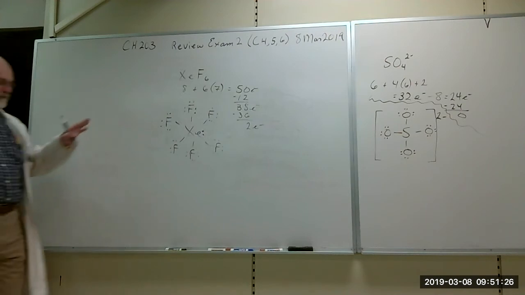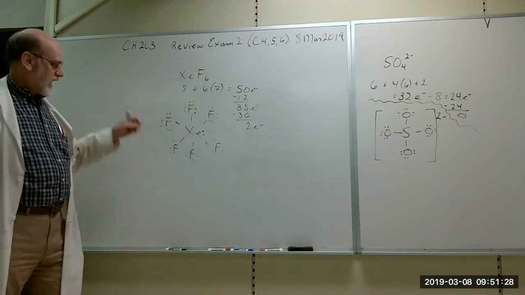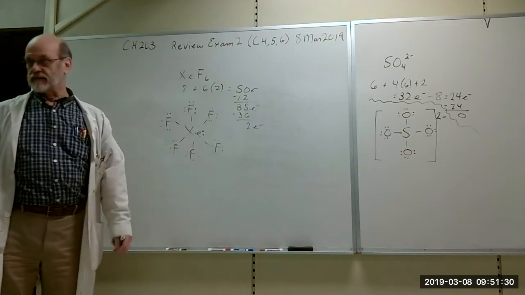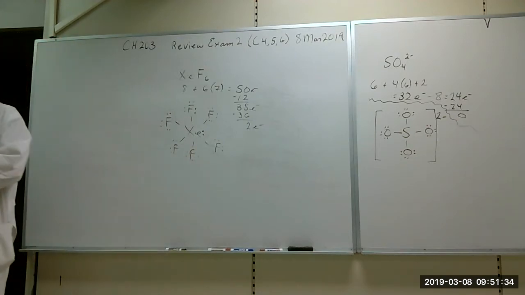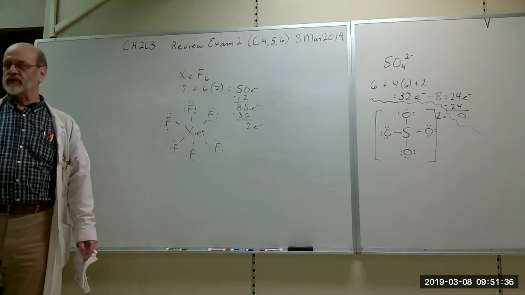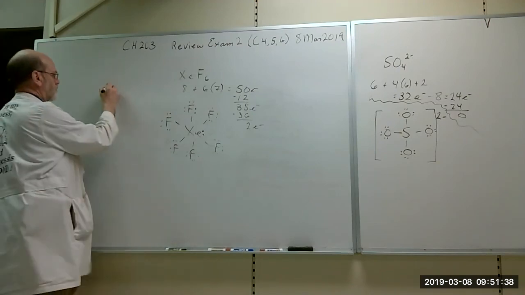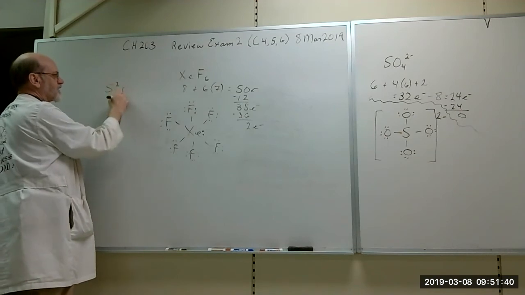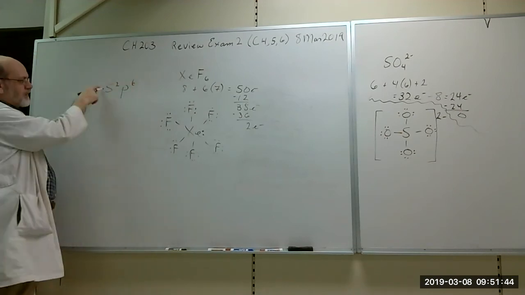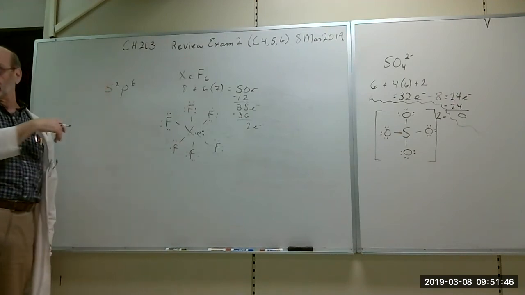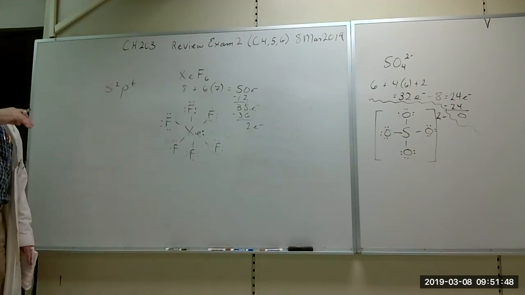That's why we can form a compound with it and it can exceed the octet. Because the octet is based on the theory that you have 2 electrons maximum in the s orbital and 6 electrons maximum in the p orbital. So it could be a 2, a 3, a 4, whatever. Principal quantum number here.